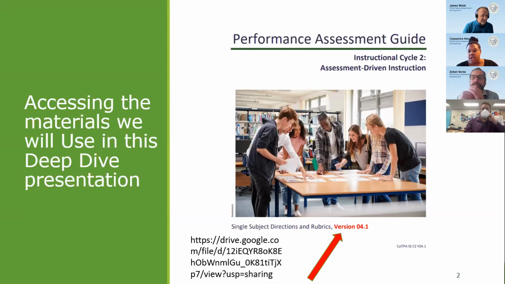There's going to be a link in the chat. And there it is for you to click on, please, and access the single subject cycle 2 guide. When you click on that and it uploads and comes onto your screen, you'll then need to download it. That will be how we will use it today. Please let us know if you have any trouble accessing that.